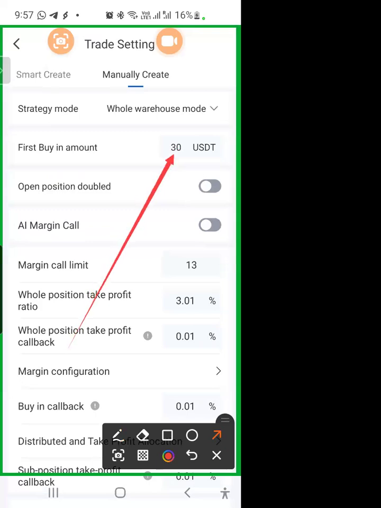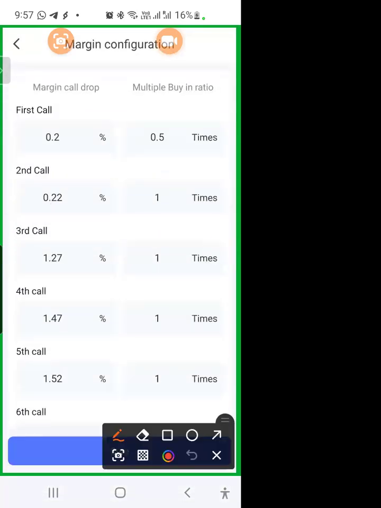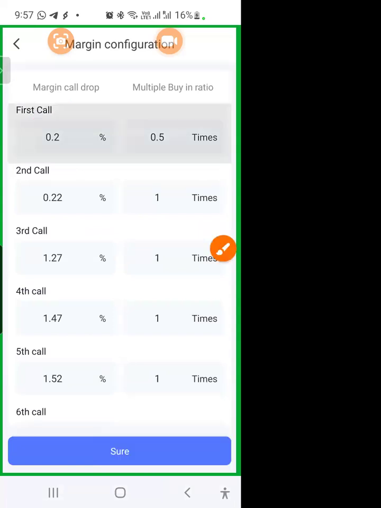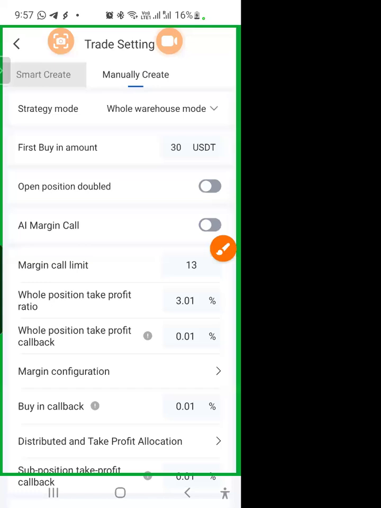If you put 0.5 here, it means if the market is moving down and it moves down by 0.2, it is going to expose a half of this money here.